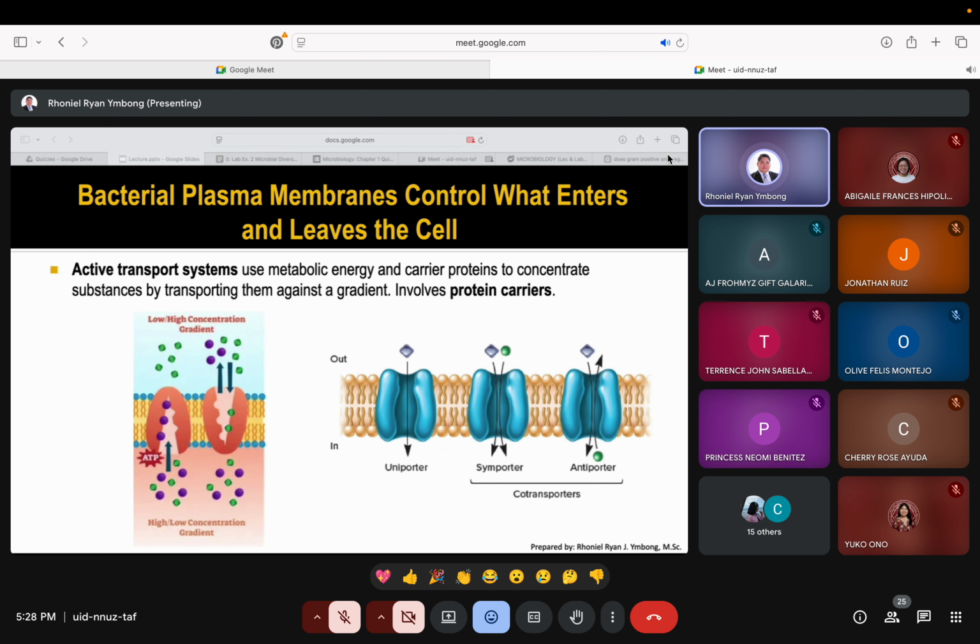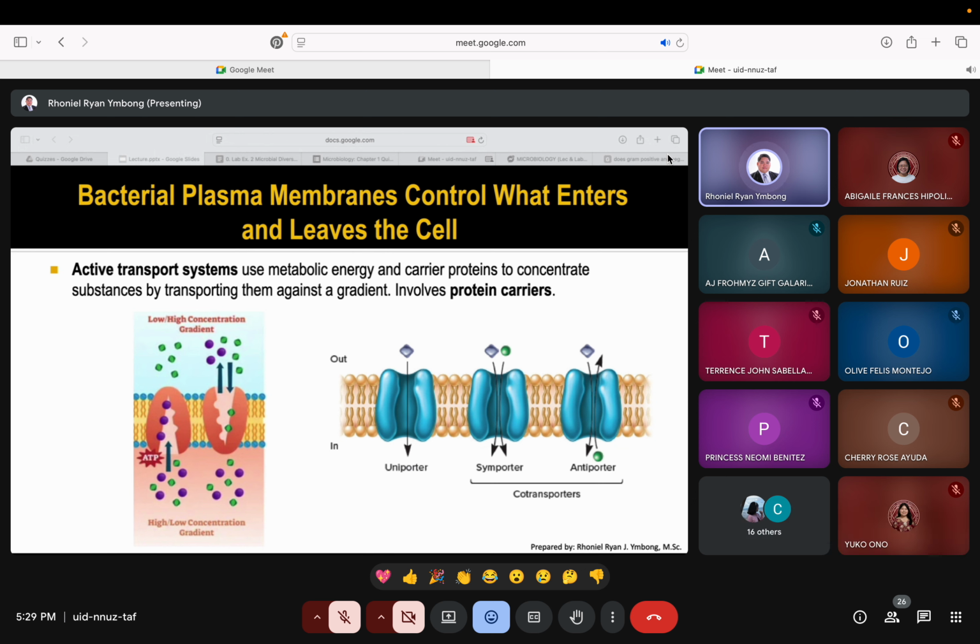Now, your protein carriers could either be a uniporter or a co-transporter. When you say uniporter, from the name itself, only one particular material is being transported at a given time, and the transportation is in one direction only. That's a uniporter. But if it's a co-transporter, then it could either be a symporter or an antiporter.